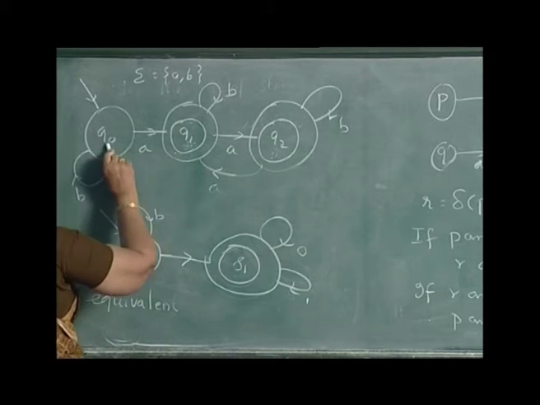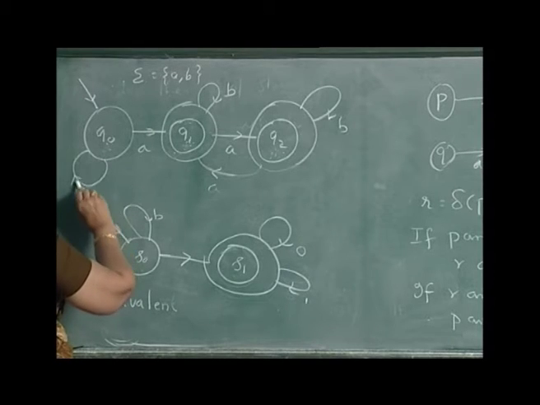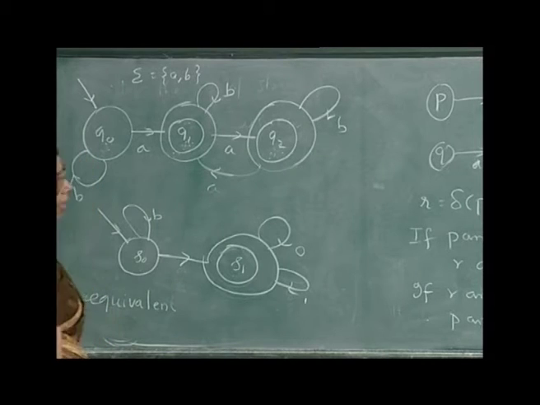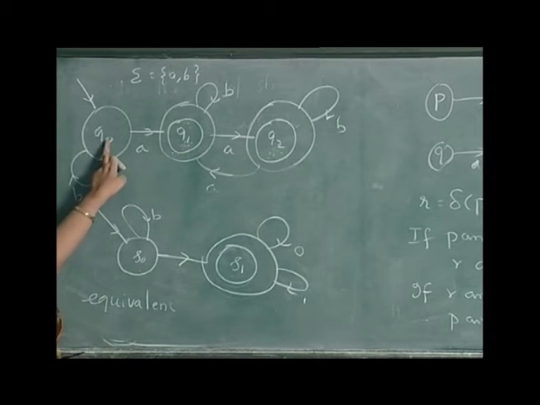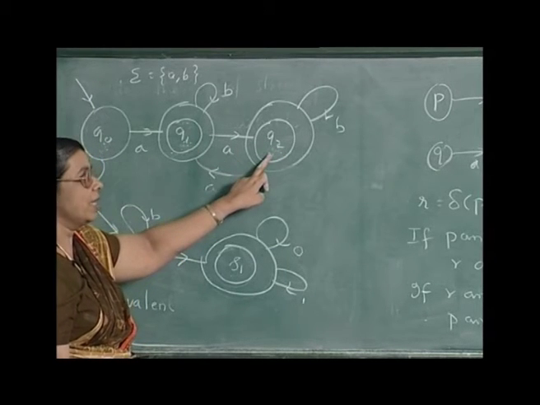Similarly, if you consider Q0 and Q2, they are distinguishable, because if you take B, it takes you to a non-final state, here B will take you to a final state. So, Q0 and Q1 are distinguishable, Q0 and Q2 are distinguishable, but Q1 and Q2 are equivalent.